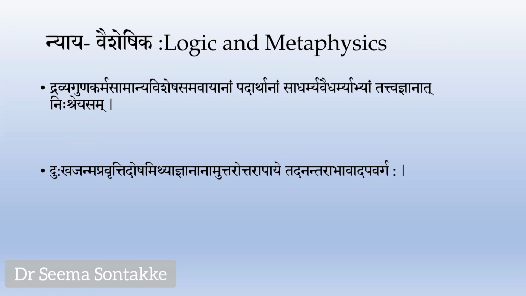So that pravrutti is automatically stopped. And then once the pravrutti is stopped, there is no janma because the birth is the result of karma. And once there is no janma, there won't be any kind of dukkha. And that is how the soul is liberated.